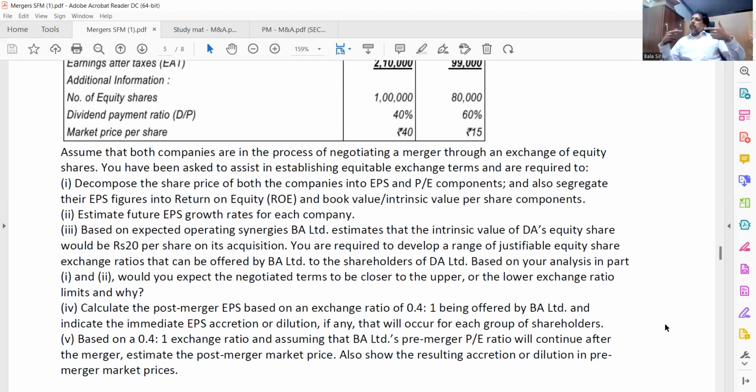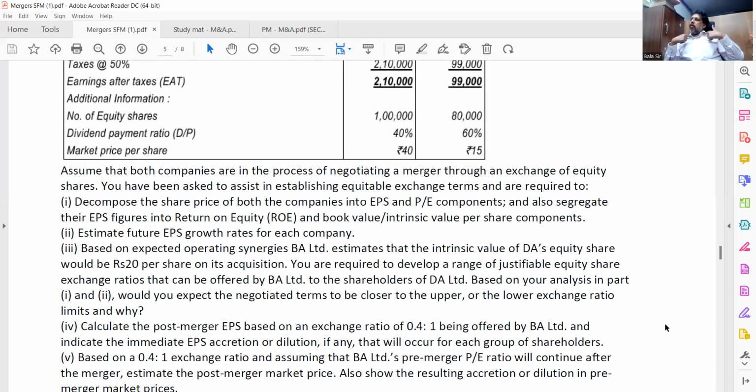Let's assume that I'm BA Limited and you guys represent the shareholders of DA Limited, right? And you're going to find later BA will acquire DA. So BA will be the acquiring firm and DA will be the target firm. Okay. Now, what is the PAT or the net income for my company?